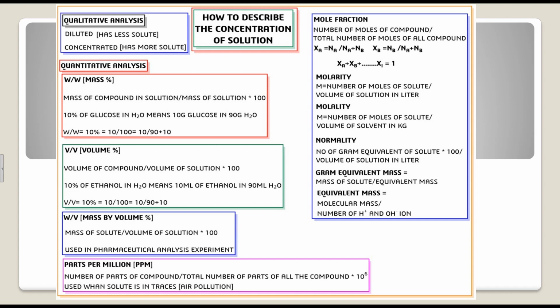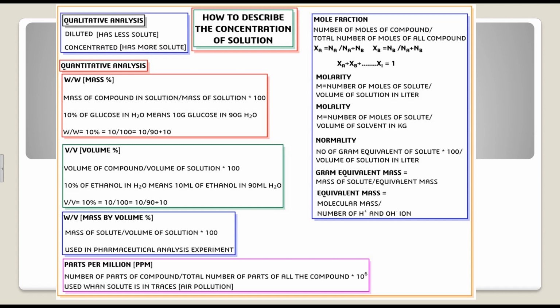In the same way, weight by volume. The formula is mass of solute divided by volume of solution into 100. This W by V is mainly used in the pharmaceutical industry, especially in pharmaceutical analysis experiments. Then what is parts per million?